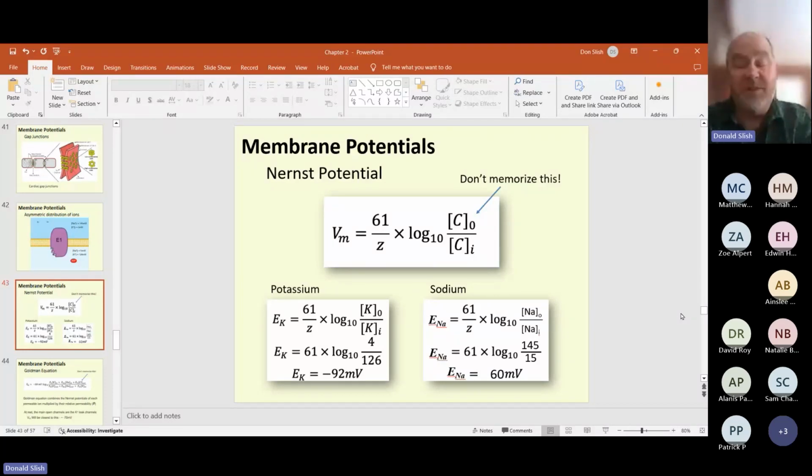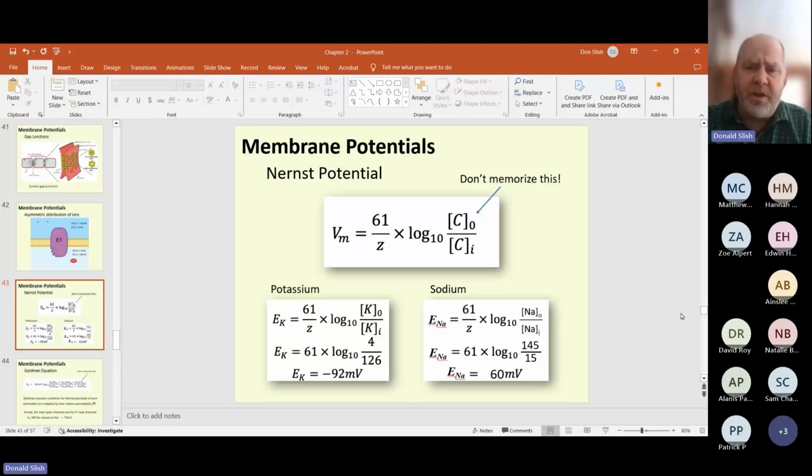Even if its concentration gradient is really strong, it can't go through because it's positive. So for each of these ions, there's a point where it will go through the membrane and a point where it's going to stop based on its electrical gradient. That's why we call this the electrochemical gradient, because its movement is controlled both by its concentration and by the charge on the membrane.